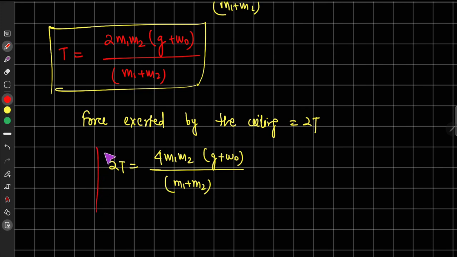So this is the expression of the force that is exerted by the ceiling on the thread or by the thread on the ceiling.